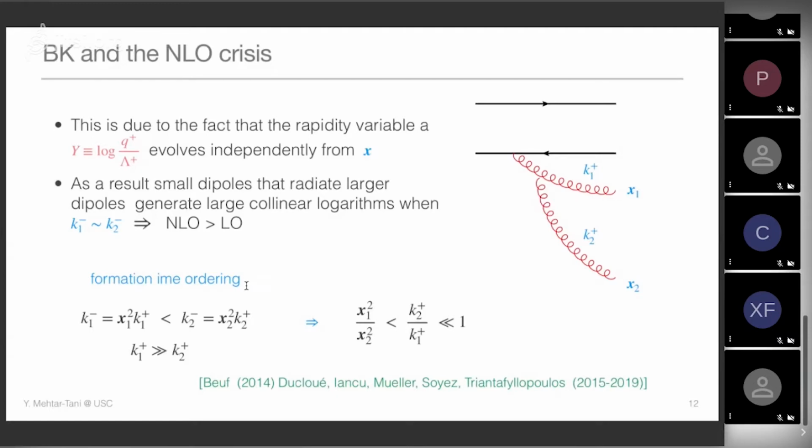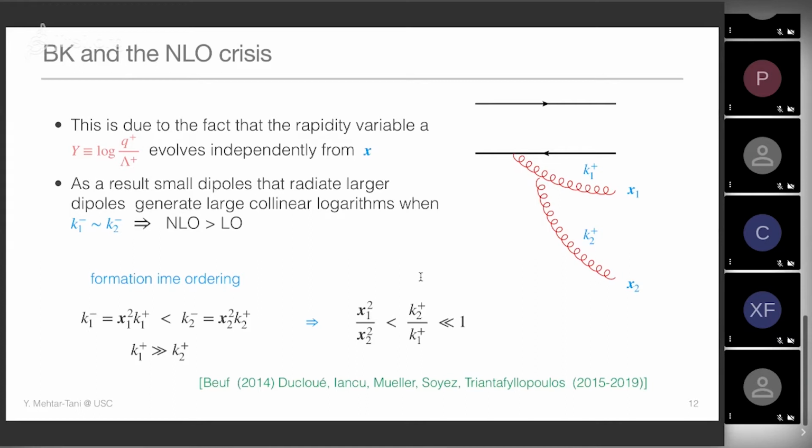Because small x doesn't really connect to the x variable, which is related to formation time, the x minus, you end up at leading order integrating over an unphysical region of phase space, which corresponds to k minus 1 larger than k minus 2. In fact, it has to be smaller because you have an ordering in formation time, but because you don't keep track of your x, you may have integration over an unphysical region of phase space, where k minus 1 is larger than k minus 2.